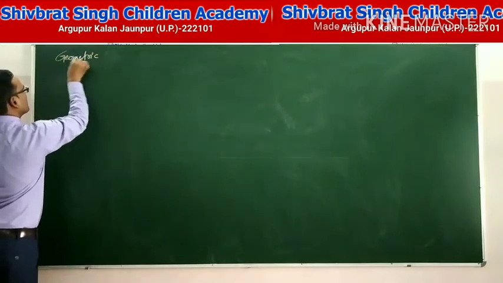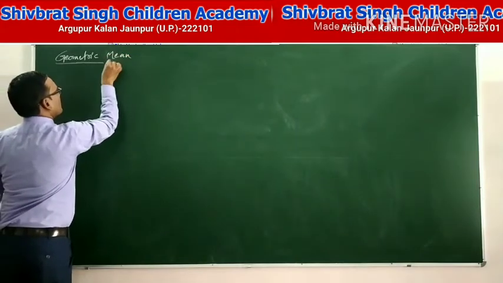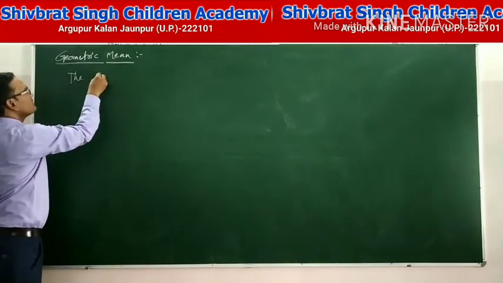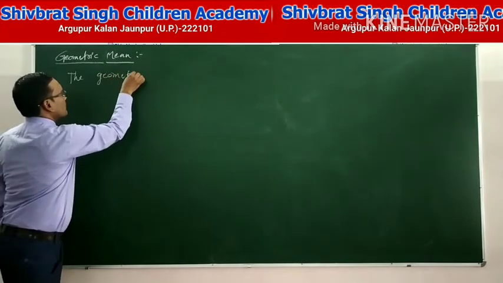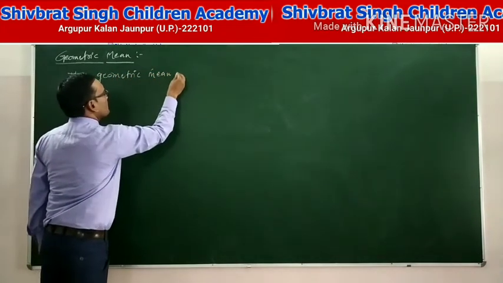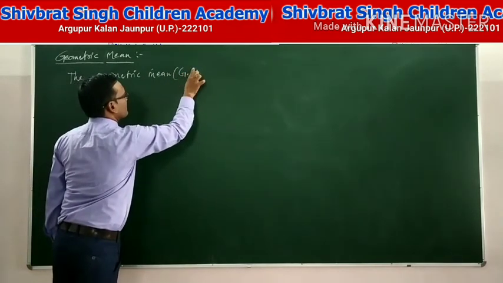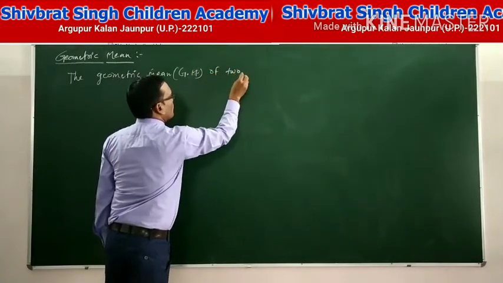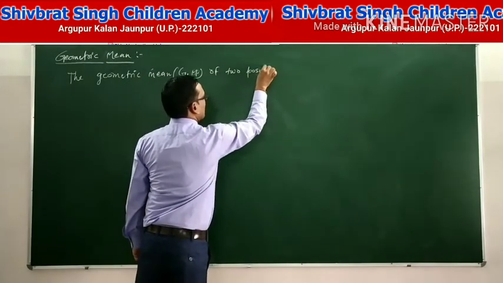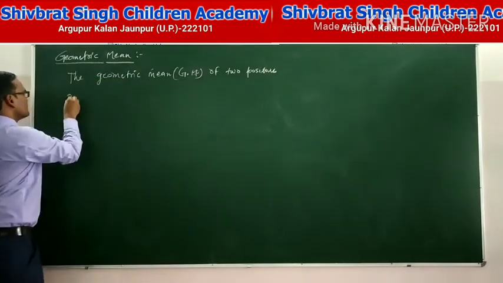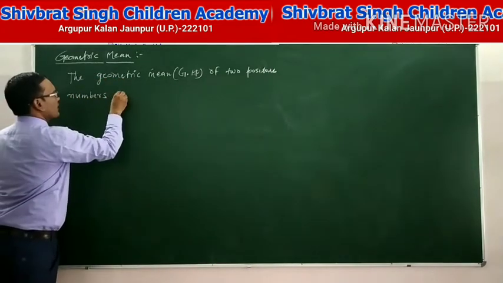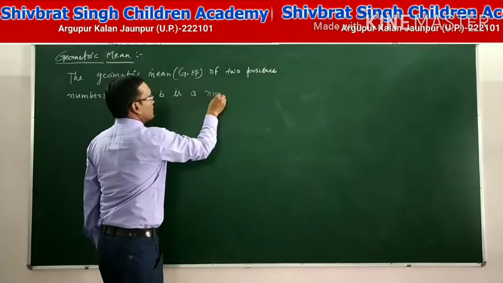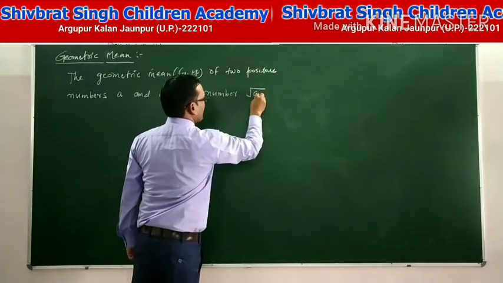Geometric mean, abbreviated as GM. The geometric mean of two positive numbers A and B is the number square root AB.